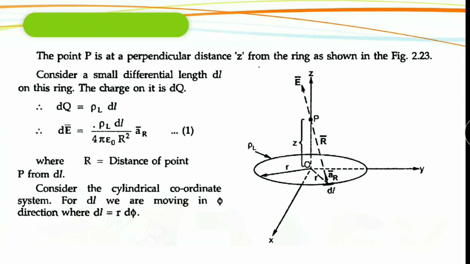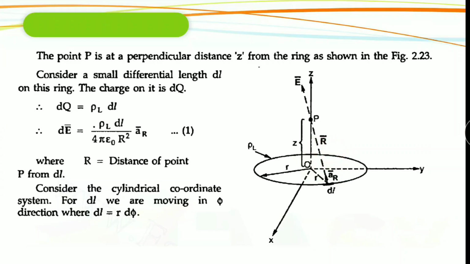Here R is the distance from the point to the differential length, and a R bar is the unit vector, and z is the distance between point P and the origin, which is also the center of the circular ring.